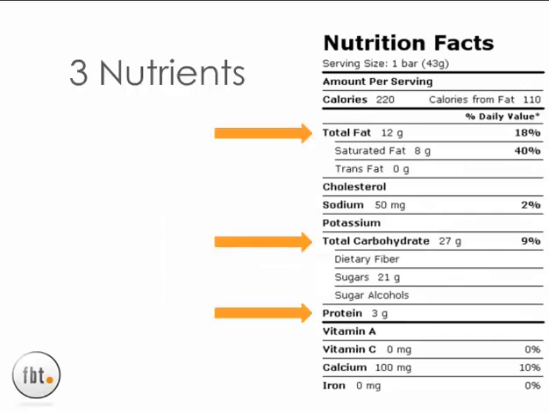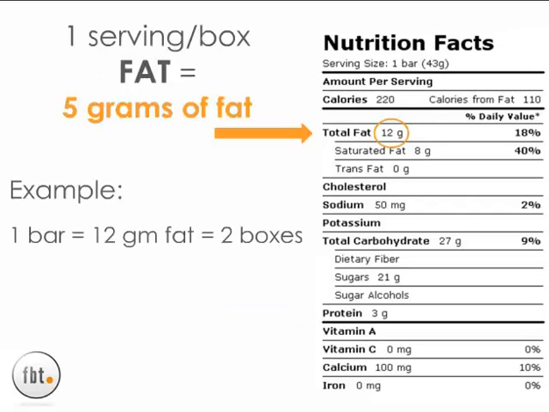Remember that first, I want to look at the serving size listed. You can see here under the nutrition facts, the serving size is 1 bar, so the full Kit Kat bar. Then I'm going to go to my 3 nutrients: total fat, total carbohydrate, and protein. Starting with fat. Reminder, 1 serving or 1 fat box is equal to 5 grams of fat.